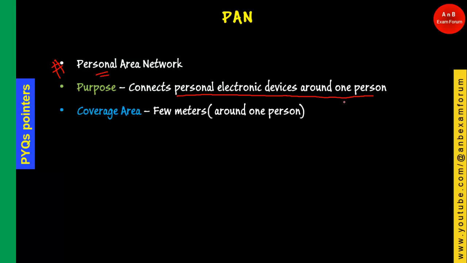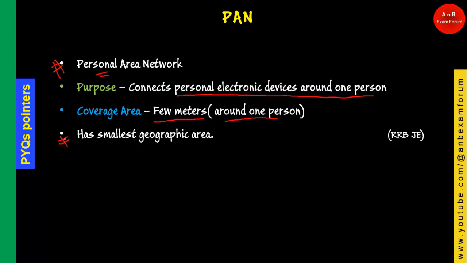As it is connected to personal electronic devices, the coverage area will be minimal. It is around a few meters. And it is very important that since the coverage area is very small, this network has the smallest geographical area, because it is going to cover only a few meters.